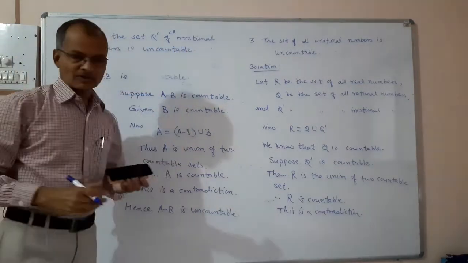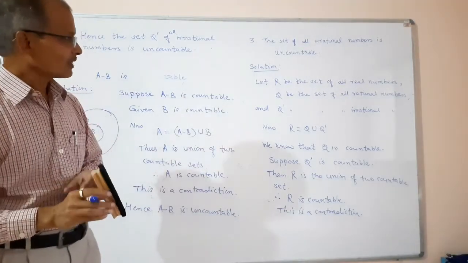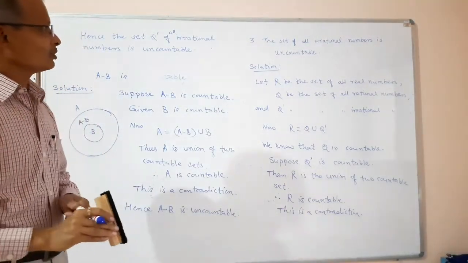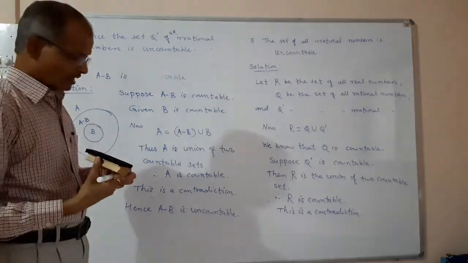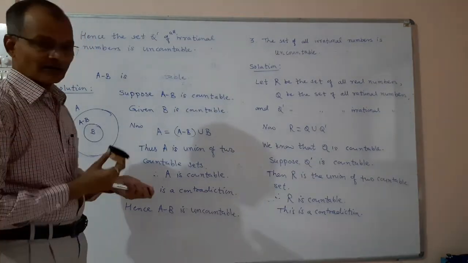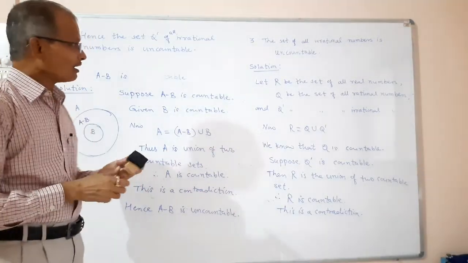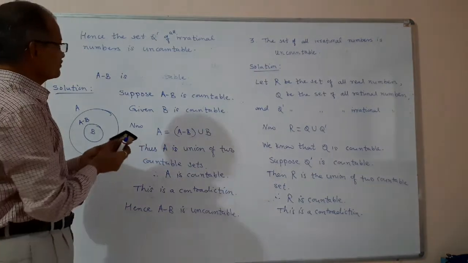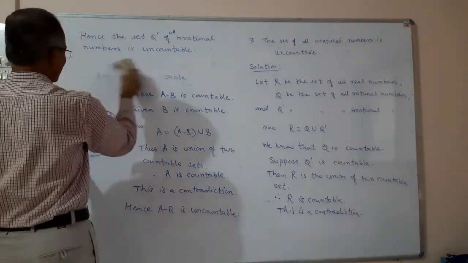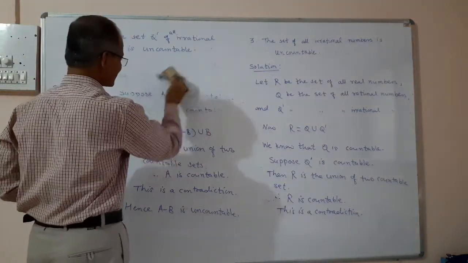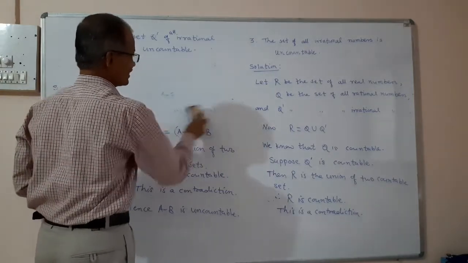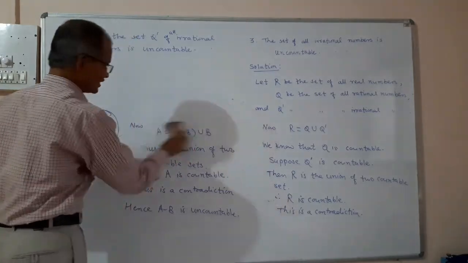So this is about uncountable sets, and we have shown that R is uncountable. The closed interval 0 to 1 is uncountable, and according to that we can consider any interval of real numbers, closed or open, to be uncountable.